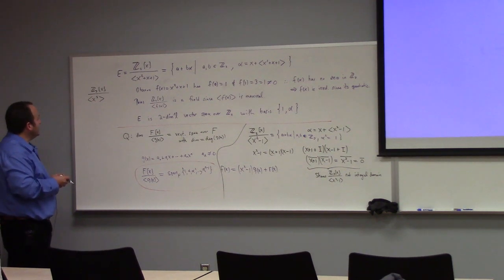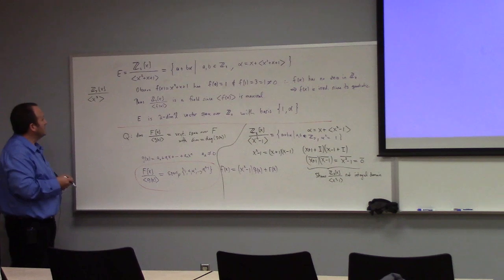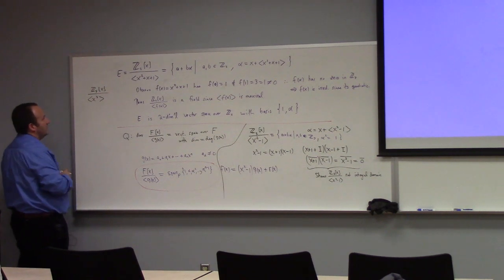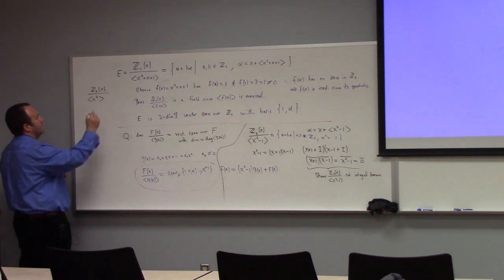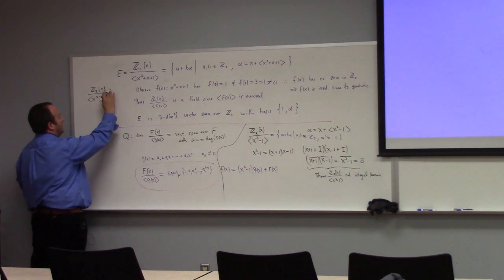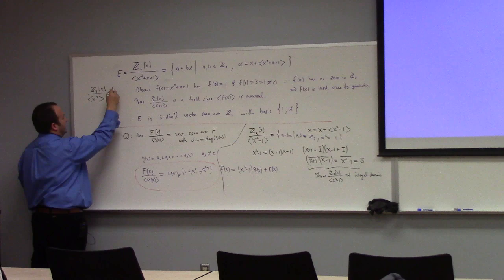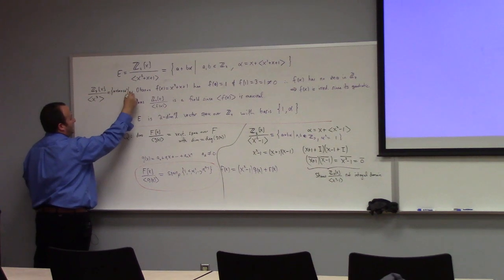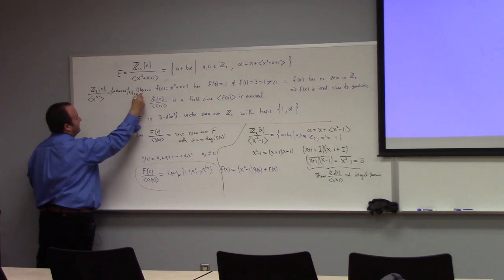It would be three-dimensional over Z3. It would have 27 things in it. What would it look like? You could write this as A plus B alpha plus C alpha squared, such that A, B, C are in Z3.